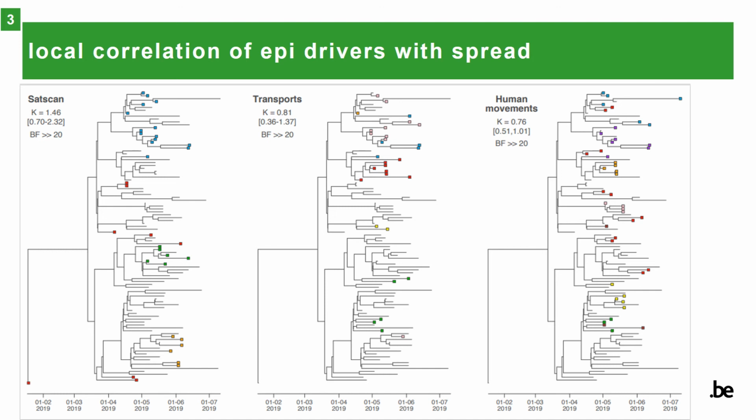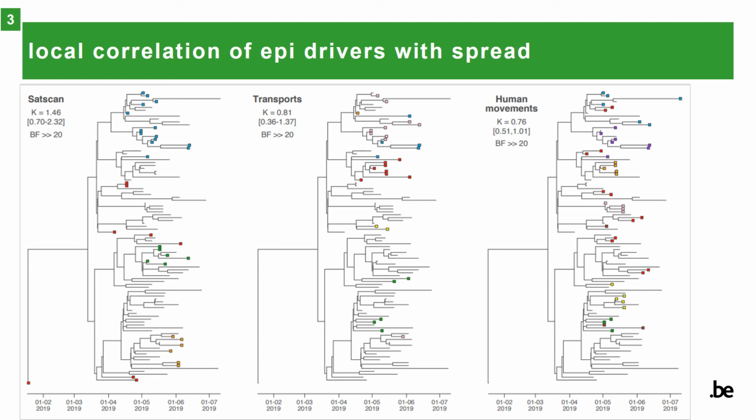For instance, here in the middle you could imagine all of these red farms having the same color because they are visited by a same feed delivery truck or another connection. And here for human movements you could imagine all these yellow farms to be operated by members of the same family, or another social connection between farms.